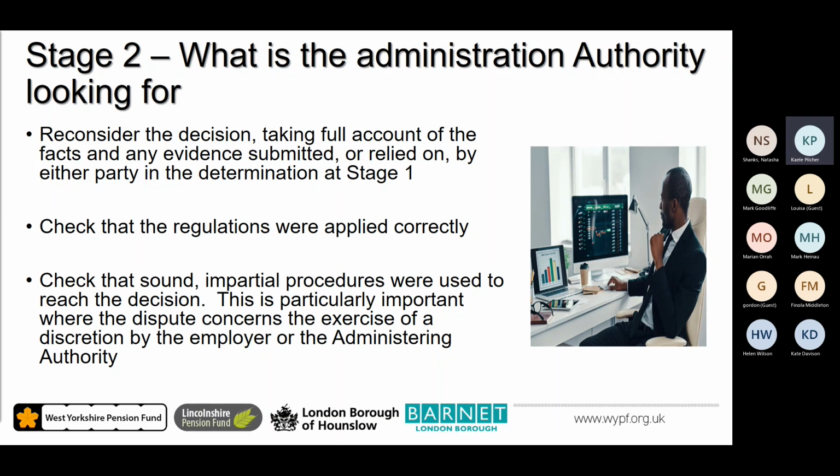They will check that the regulations were applied correctly, and they will check that sound impartial procedures were used to reach that decision. So if your procedures are not absolutely fair, then it could well be picked up at stage 2, and that could then come back to you for you to reconsider your procedures.